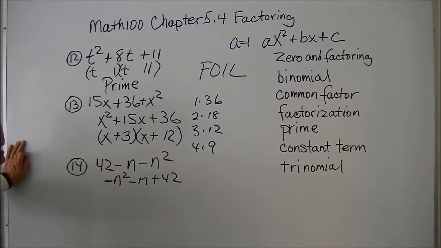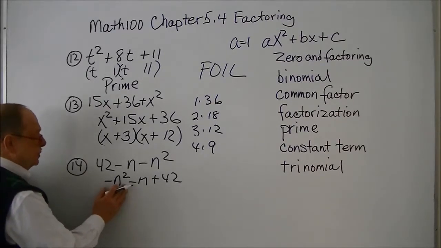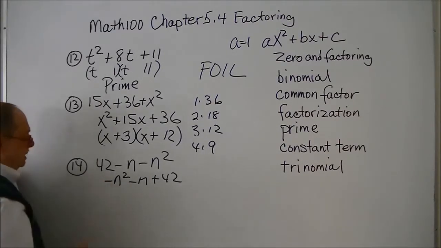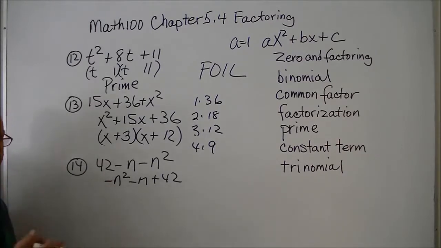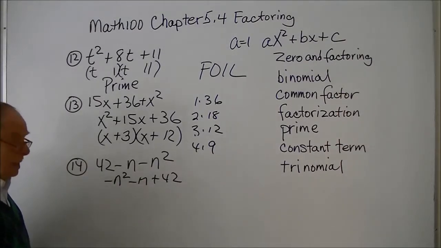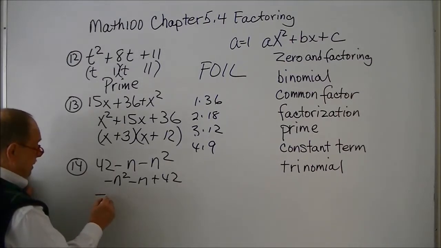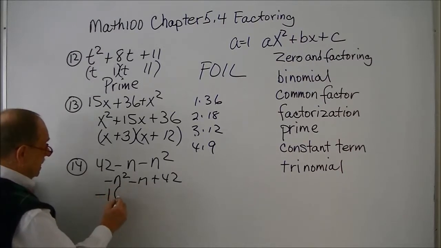Now, when I see something like this, one of the first things that comes to mind is we don't like to have that first term as a negative. So what did we have in a previous lesson that would allow us to make this a positive? Well, one of the lessons we had was to take out a negative 1, and that reverses our signs.